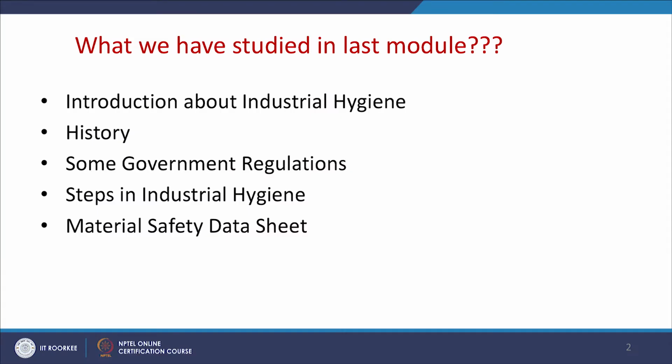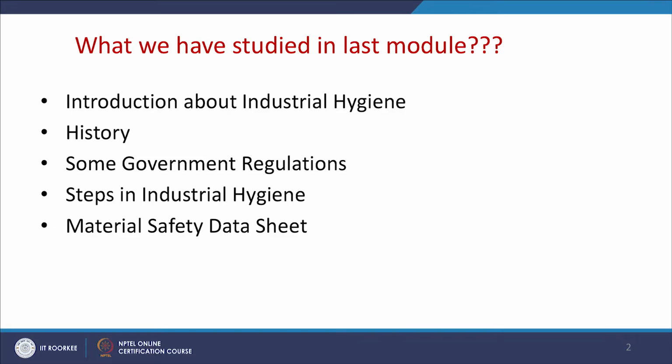So welcome to this module on the material safety data sheet. Now, the material safety data sheet is an integral source of information about any chemical present at your workplace. In the previous module we studied what industrial hygiene is and its brief history.